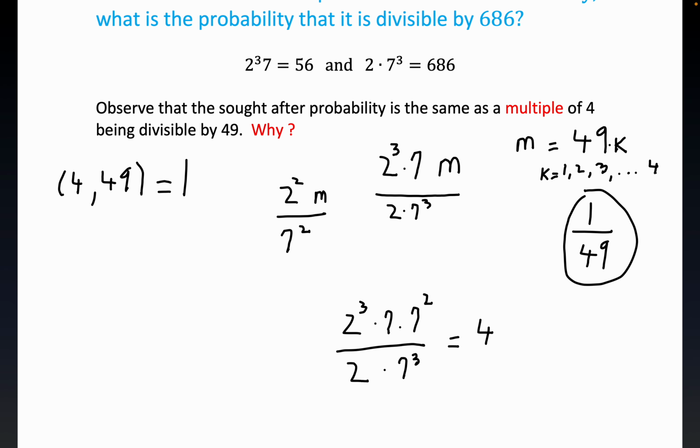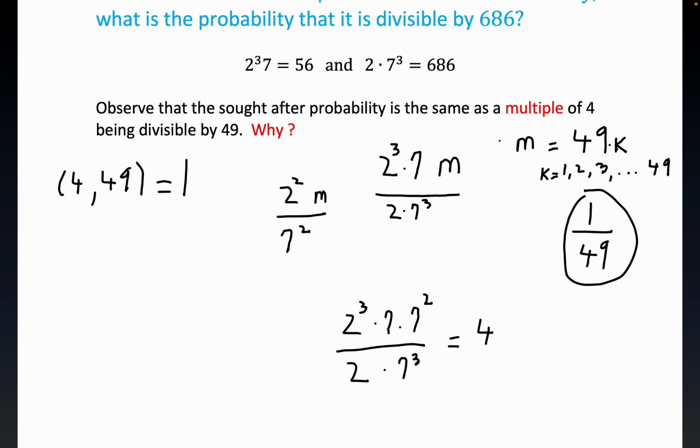So you see the first 48 multiples would not evaluate to an integer. But in this fashion right here, the 7 cubes cancel and you actually get 4, and this would be the very first multiple that satisfied these conditions.